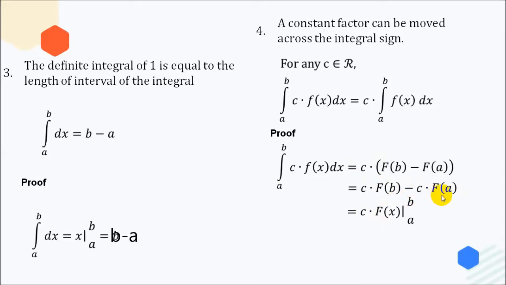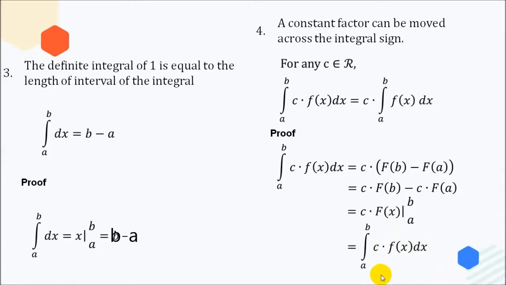By using the fundamental theorem of calculus again, we know that F(b) minus F(a) is equal to the integral of f(x) dx with the upper limit b and the lower limit a. So we can see this formula, and c times f(x) is the integrand.